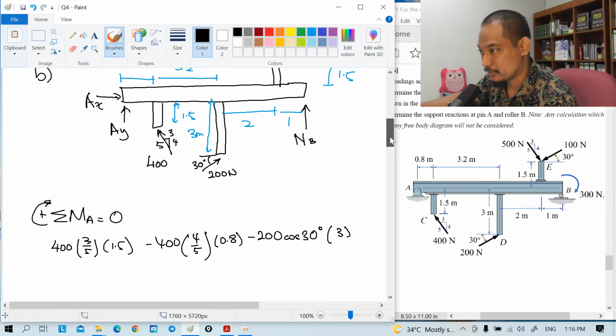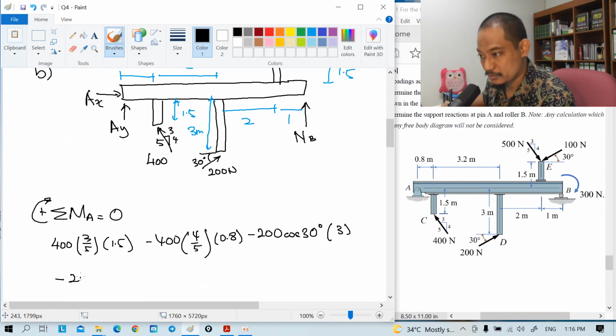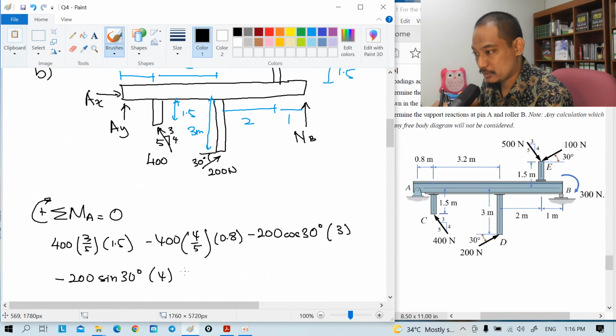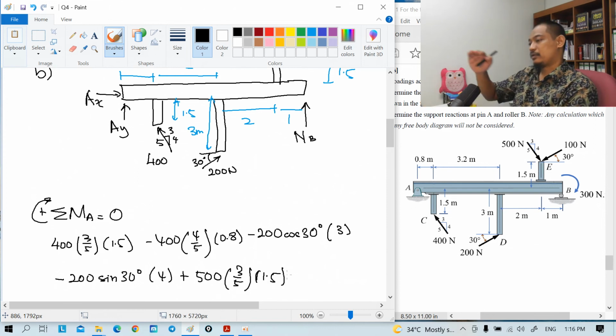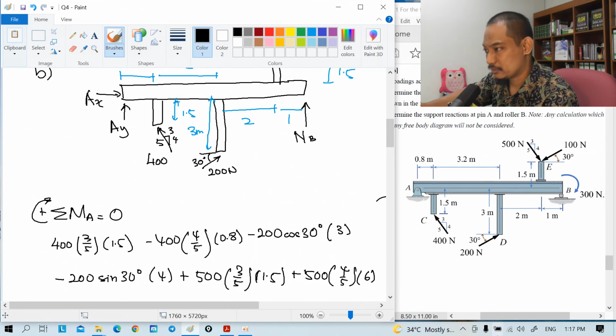Going down, minus 200 sine 30 degrees, and the distance is 4. And then plus 500 times 3 over 5 times 1.5, plus 500 times 4 over 5 times 6.